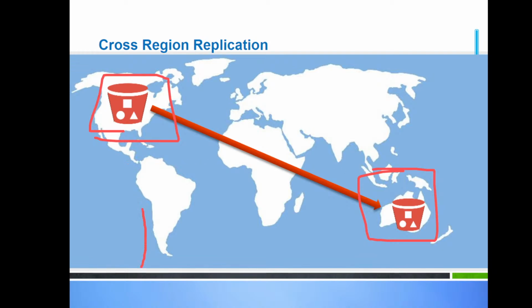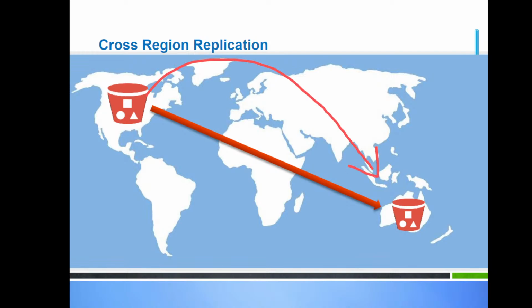Now, whenever you upload any data in your primary bucket, Amazon will take care to replicate it, to move a copy of the data to the other bucket which you have configured. It is automatically moved, Amazon will copy the data. You don't have to do anything. You just have to maintain your primary bucket, and Amazon will make sure that the data uploaded in your primary bucket moves automatically to your secondary or target bucket.